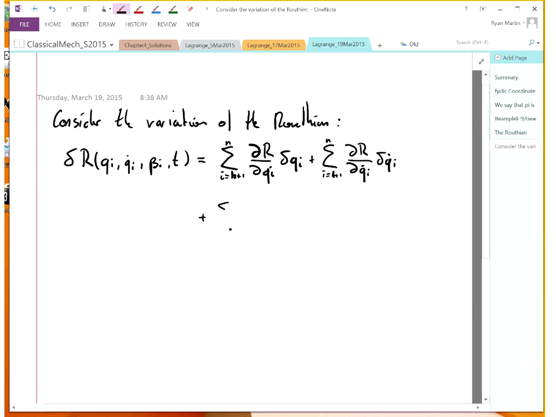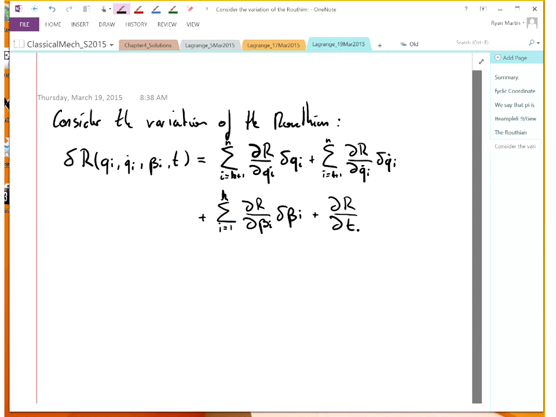So that's a sum. Now, for the beta_i's, i goes from 1 to k. Partial R by partial beta_i, delta beta_i. And then we have to always add in this term at the end, partial R by partial t. There's no delta t because there's no variation with respect to time, but there's still the partial derivative.